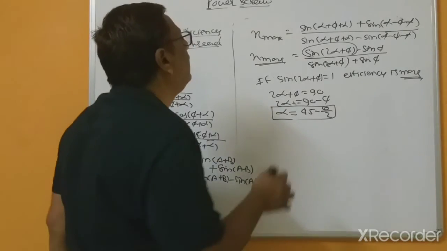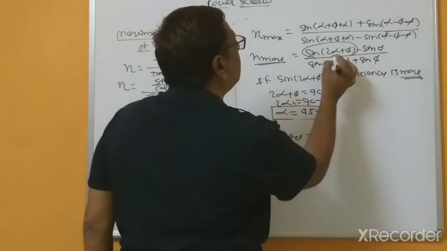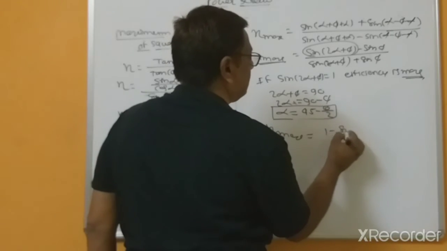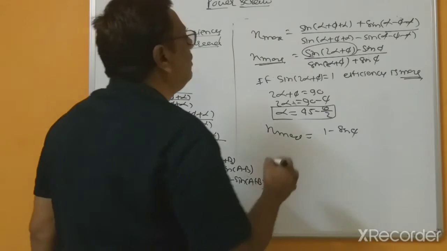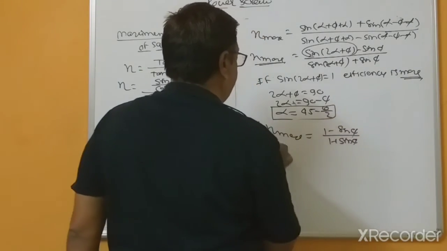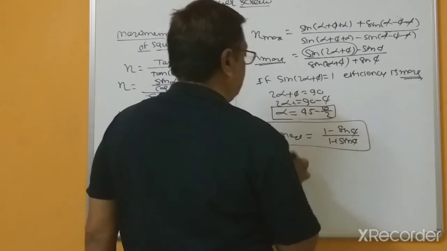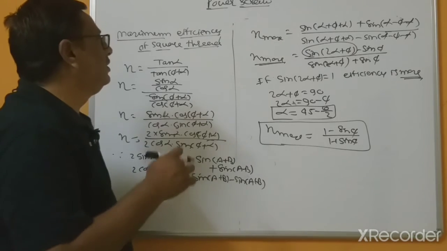This is clear, and we can put the maximum efficiency equal to (1 minus sin phi) divided by (1 plus sin phi). This is the formula. Try to remember this formula.